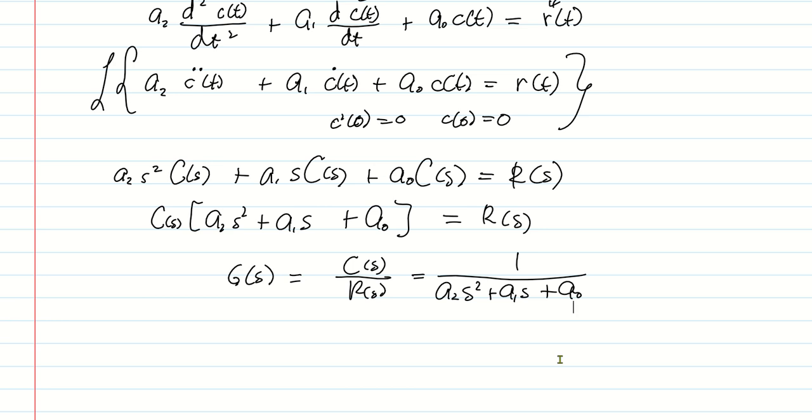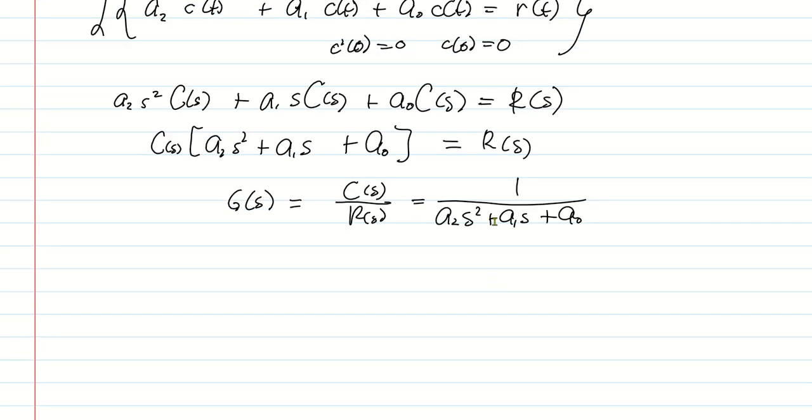But this is not in standard form. Just like what we did in the first order system, we make the coefficient of the highest degree s equal to 1. To do that, we need to multiply this by 1 over a2. If we multiply the denominator, you need to multiply the numerator as well, so that we just multiply it by 1.